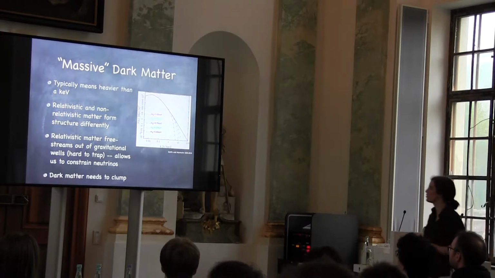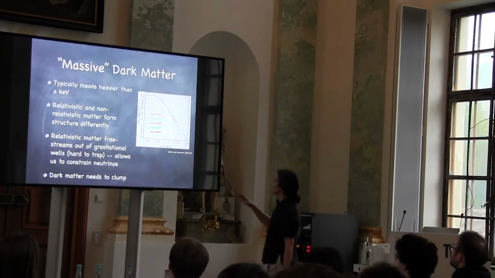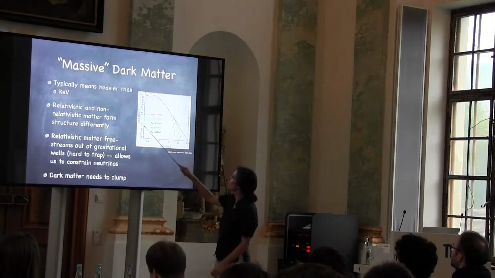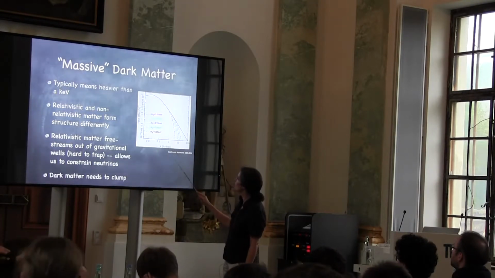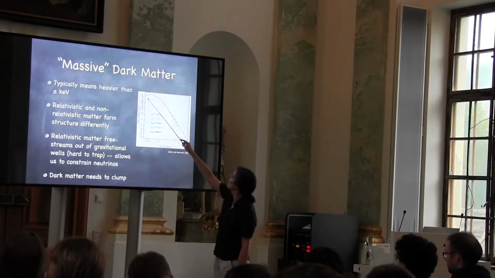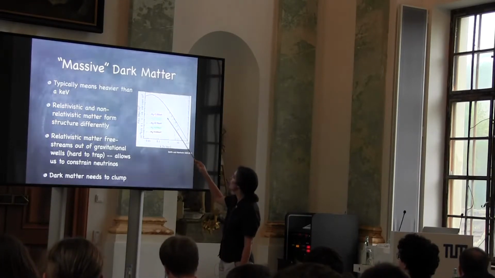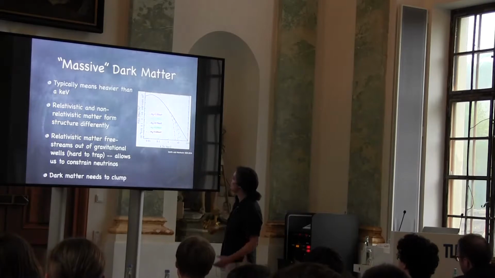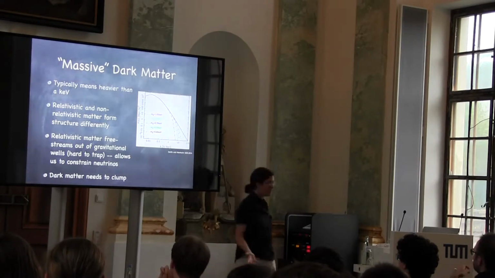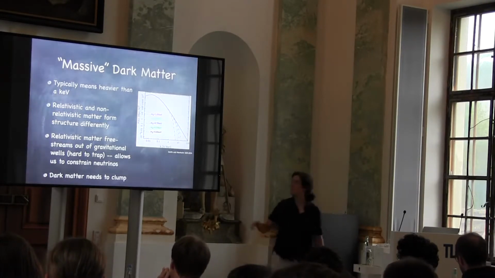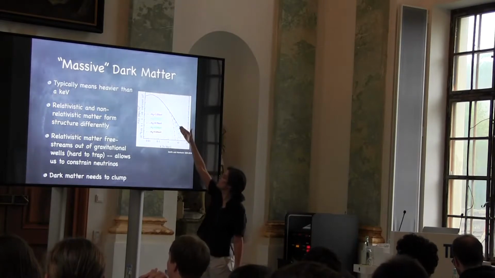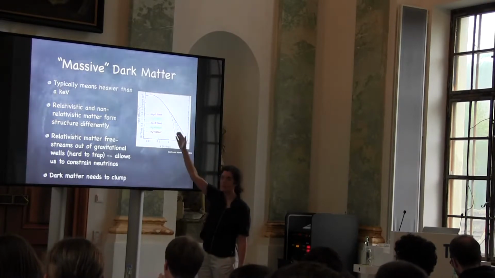Okay? They erase structure. So the way you state this technically is you look at the power spectrum as a function of the scale, and this is the well-known shape that's observed. And as you dial the neutrino mass down, it's easier and easier for it to climb out of the potential, and so that suppresses the amount of structure that you see on small scales.